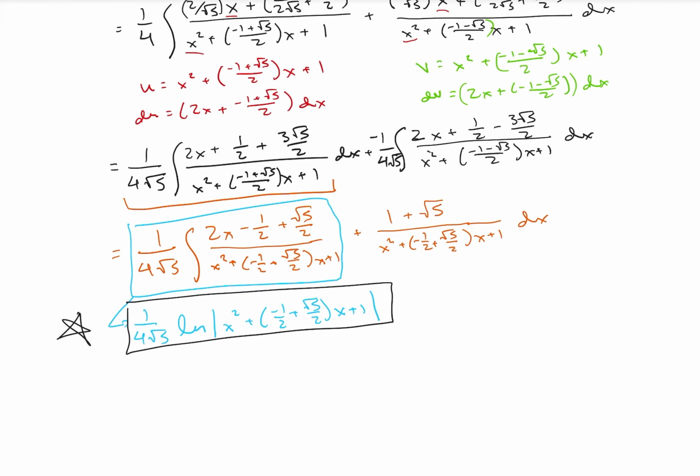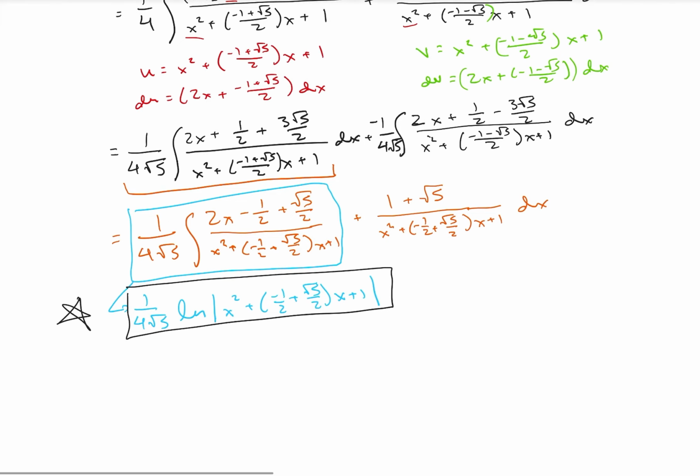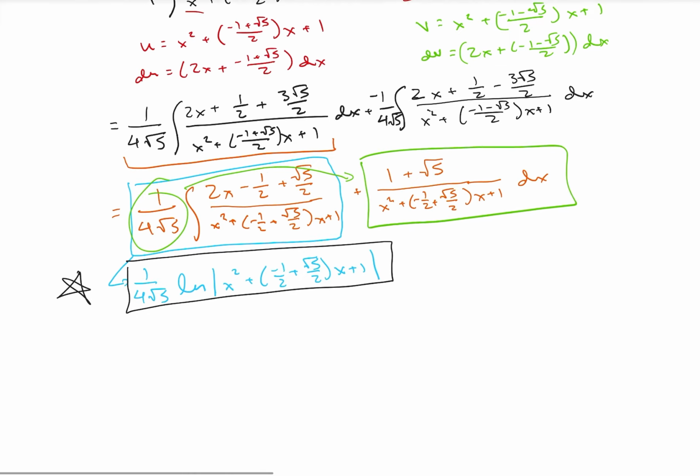Then we're going to be left with this second integral that we still need to solve. And remember, it still has the 1 over 4 root 5, so I'm left with 1 over 4 root 5 times the integral of 1 plus root 5 over x squared plus (-1/2 plus root 5 over 2) x plus 1 dx.